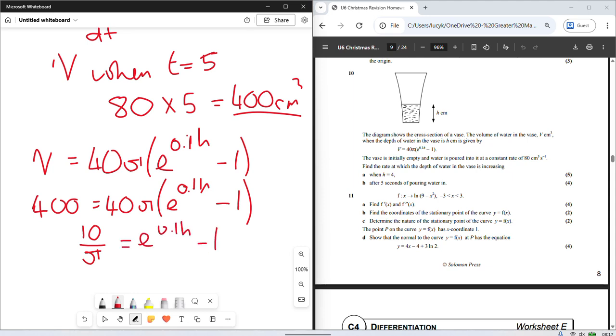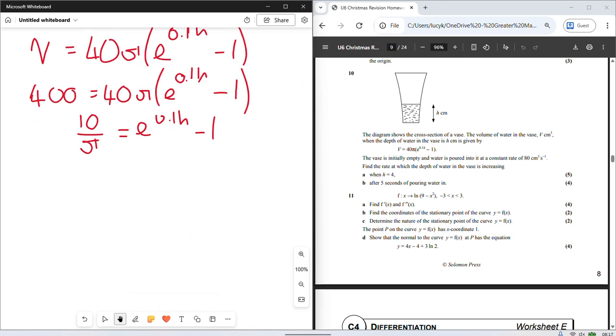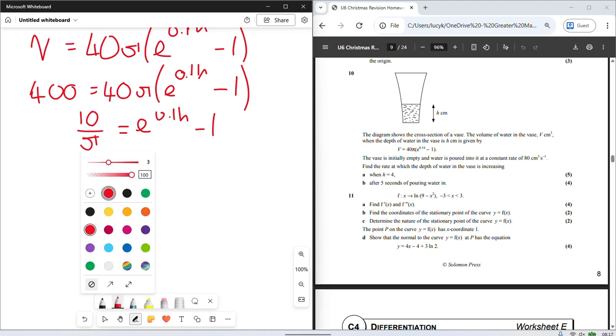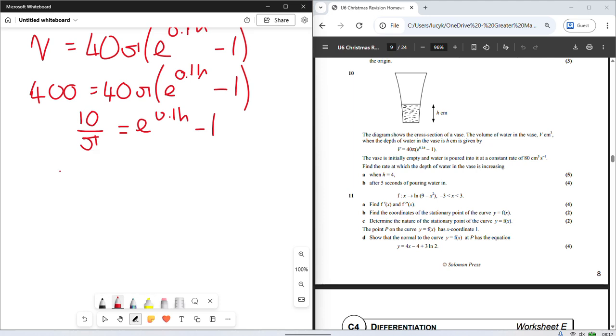Then it is a case of rearranging that. If we add the 1, it's going to become the natural log of 10 over pi, plus 1, and then divided by 0.1, which is the same thing as multiplying it by 10.